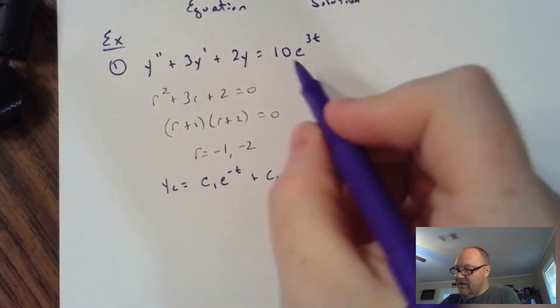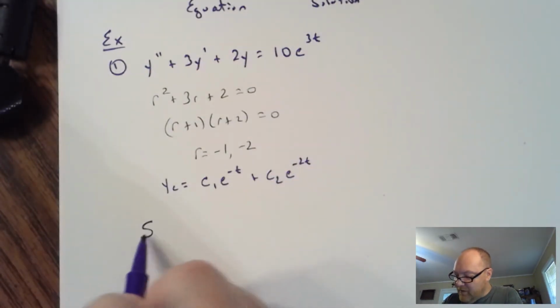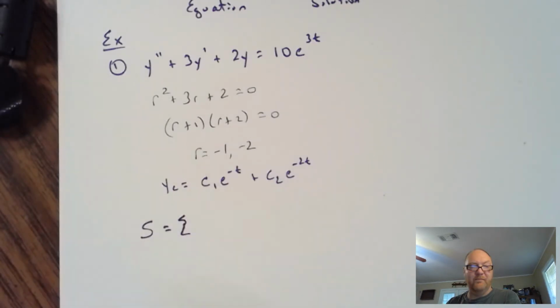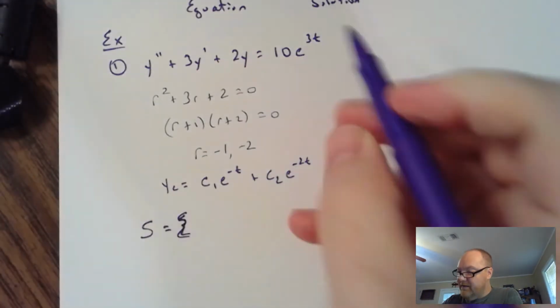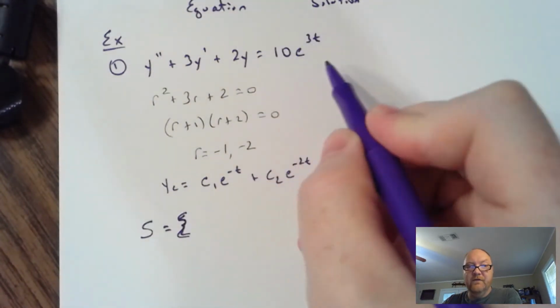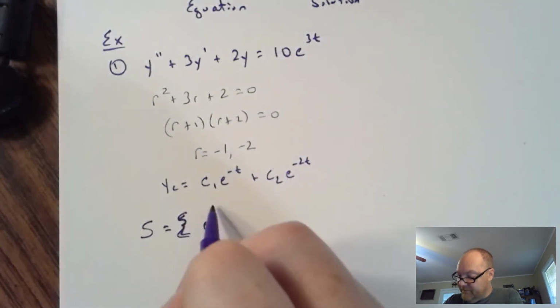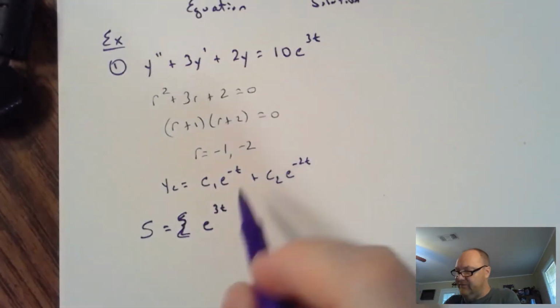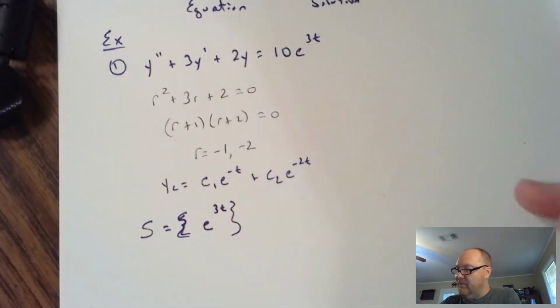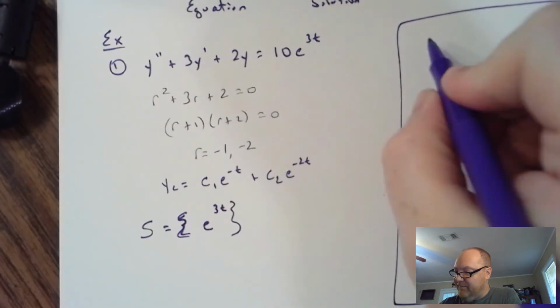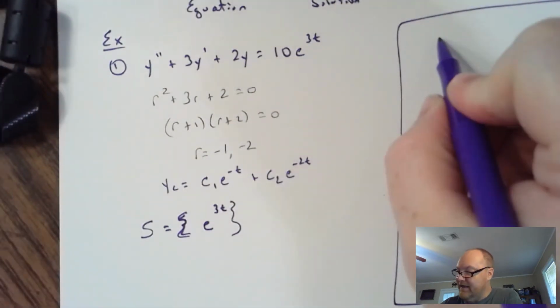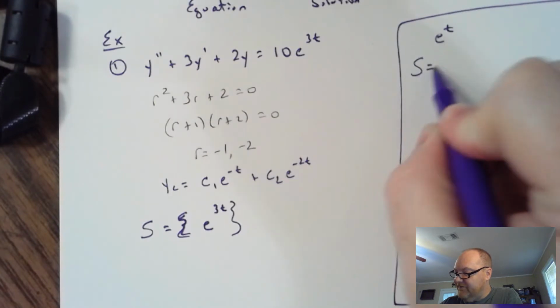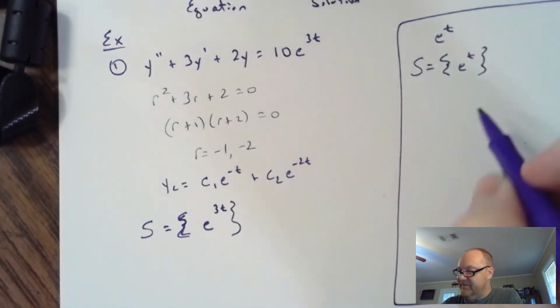So for this problem, I want to build, I'm going to call it S, for a set of possible things based on this function. So e to the 3t, and that's going to be the only thing in the set. Every time I differentiate an e to the 3t, I get back an e to the 3t. So that's all I need to account for. So let me pull over and think about families of things. If I have an e to the t, then that set is going to be an e to the t.